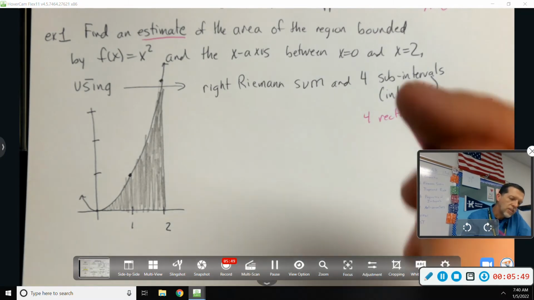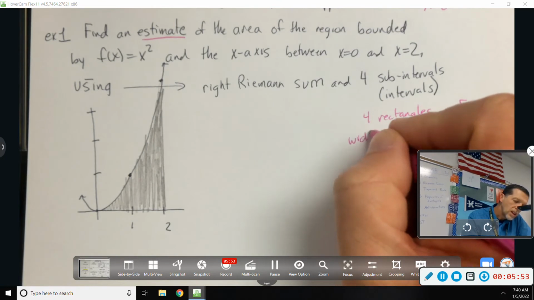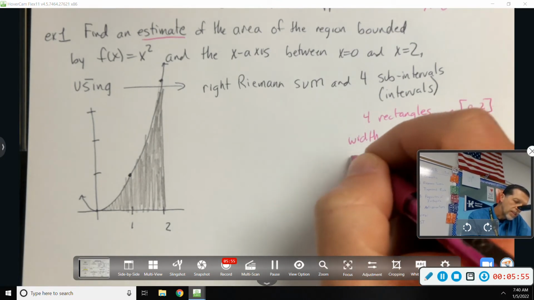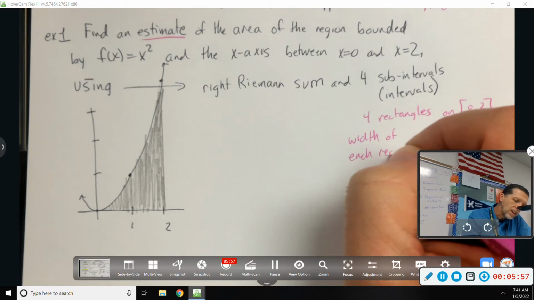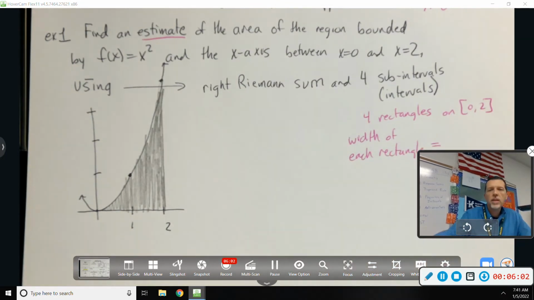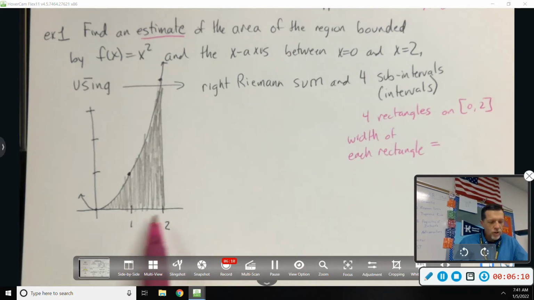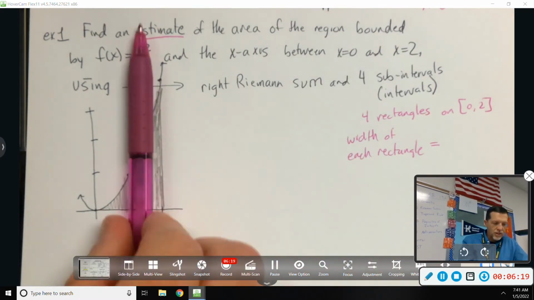So I need to figure out how wide each rectangle should be. For this one, that's probably pretty easy. Before we even talk about a formula, if I want to squeeze 4 rectangles in here, how wide is each rectangle going to be? My rectangles are going to be running up and down.